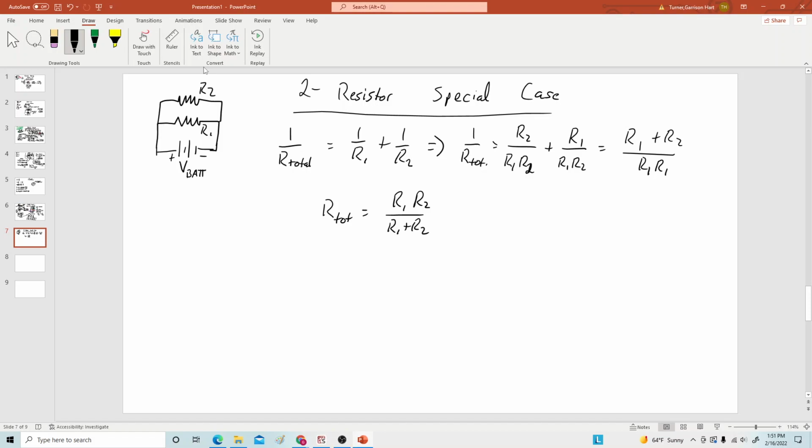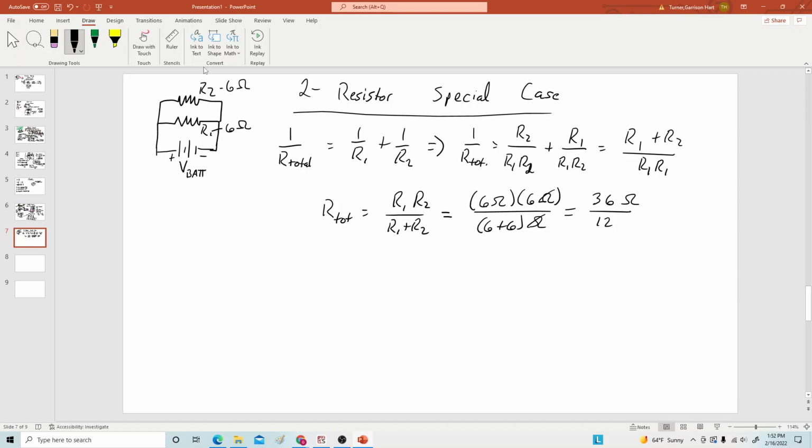So for example, if we had resistors of 6 ohms each, just for example, then 6 ohms times 6 ohms divided by 6 plus 6 ohms. Ohms cancels with ohms. And I get 36 ohms divided by 12.